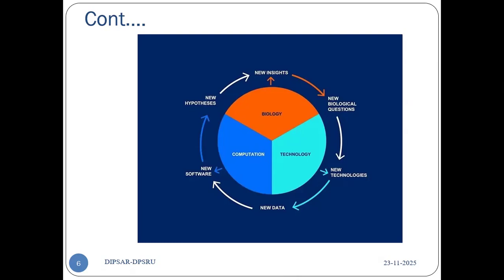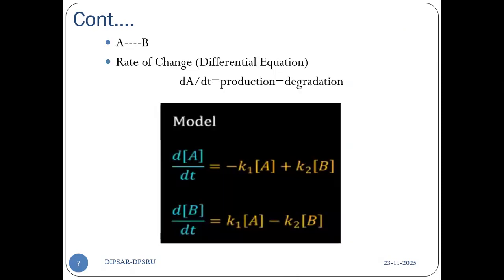In system biology, you are generating hypotheses and new insights, and analyzing genomics data, transcriptomics data, and metabolomic data, all combined together, which we call omic technologies. We do all these analyses to understand a particular disease, particular physiology, or particular metabolic pathways. That is the purpose of system biology.